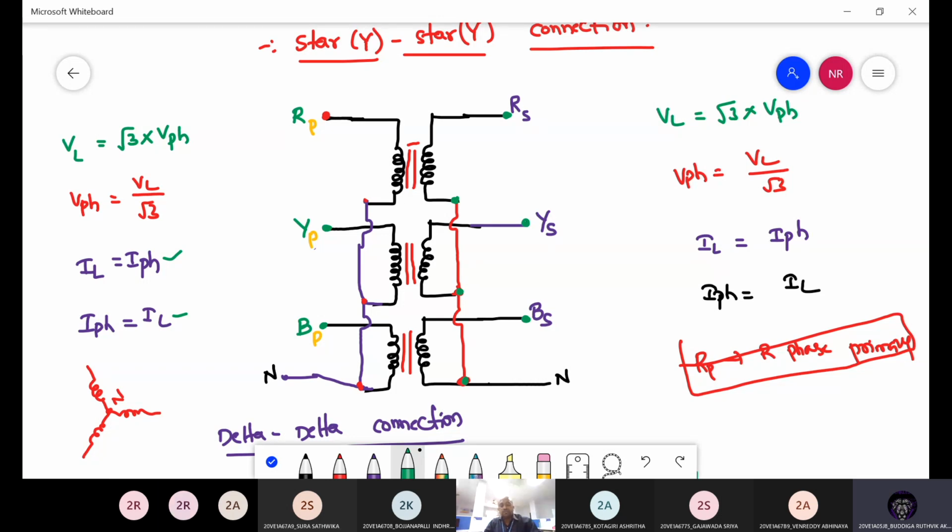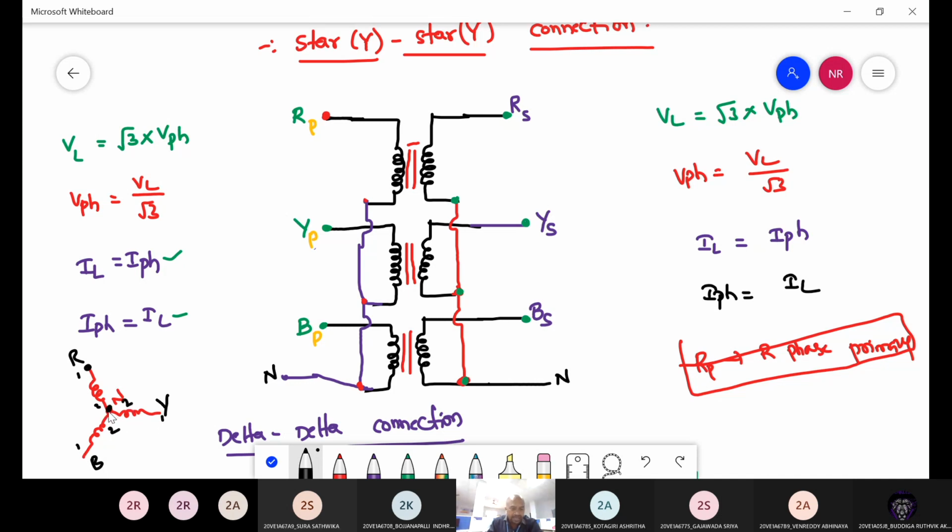Sir, you said it is connected in the star, no, sir. The left side diagram, once you explain. See, star connection is nothing but every winding has two terminals, means two ends. I assume this is R phase, this is Y phase, this is B phase. It is one side, second side.